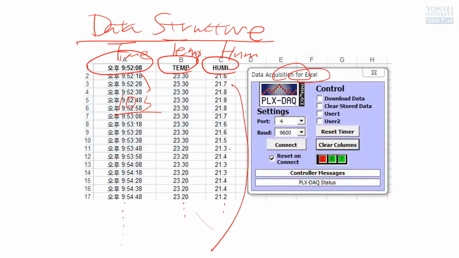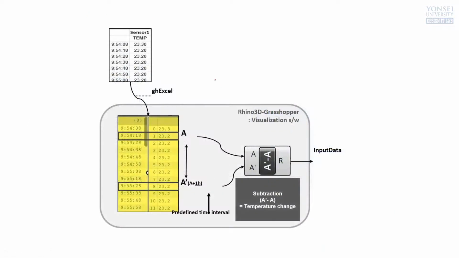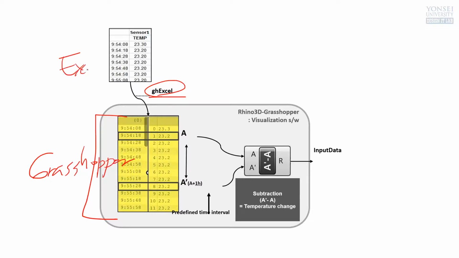So thanks to this input data structure, we can reuse this data using this Excel module, and then it can be loaded into Grasshopper. Okay. So far this is Excel, but before this, the sensor is here. So sensor data can be loaded into an Excel datasheet, and then another Excel module can transform this into the Grasshopper thing.